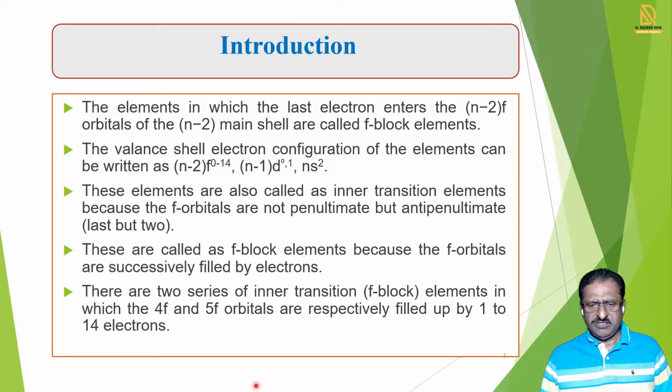F block elements are also called inner transition elements. Why are they called inner transition elements? Because these F orbitals are not penultimate but antepenultimate, that is the last but two, the n-2 shell, and so it is the inner shell.